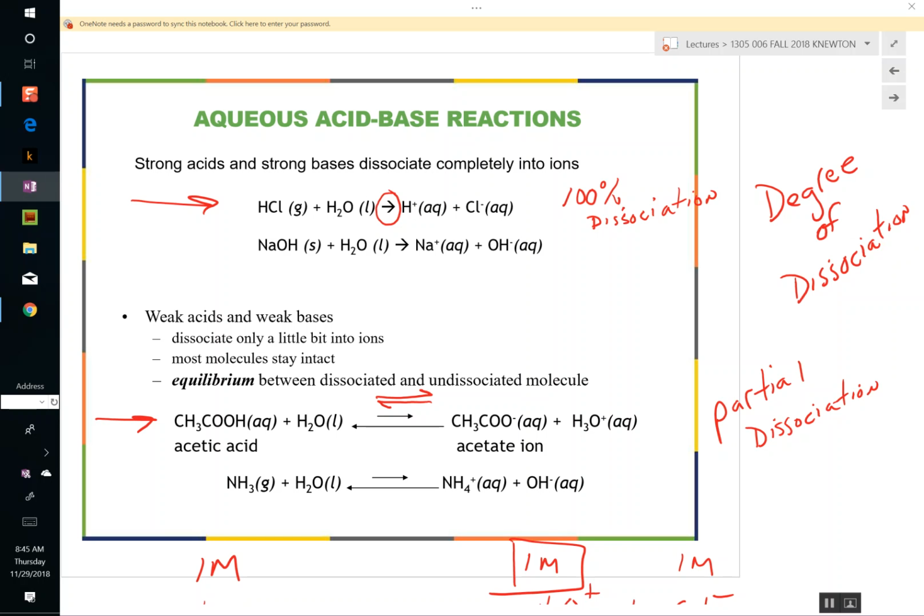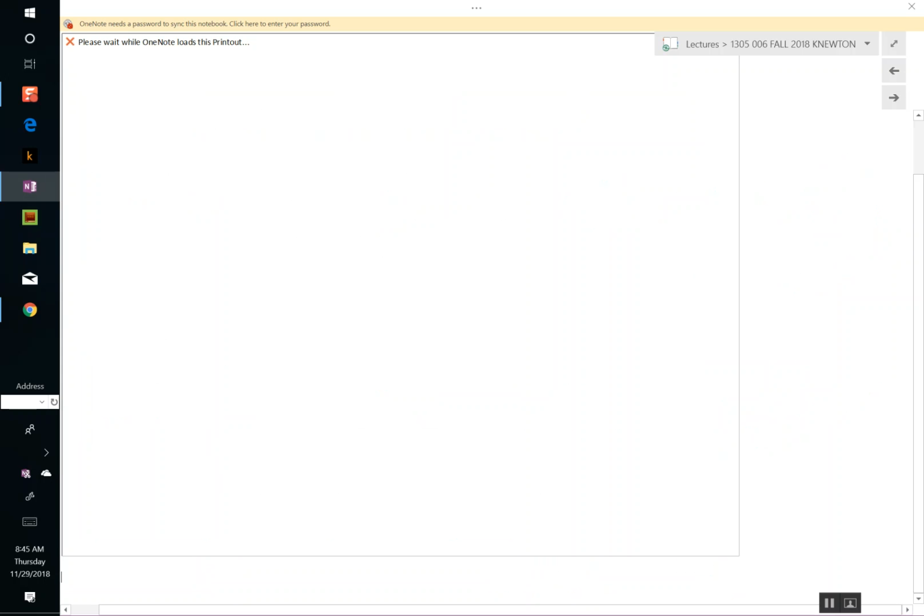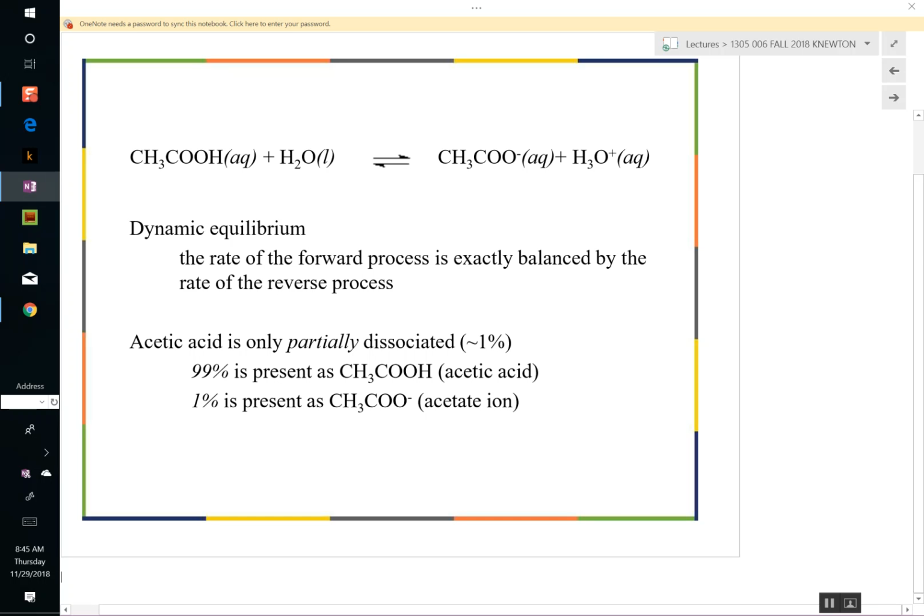Understand that there are strong acids and strong bases, and there are weak acids and weak bases, and you should log away in your mind a couple of examples of strong acids and bases, weak acids and bases. All right, we talk about an equilibrium. I just mentioned this. About 99% of it stays as a molecule. About 1% of it will dissociate into that and that.